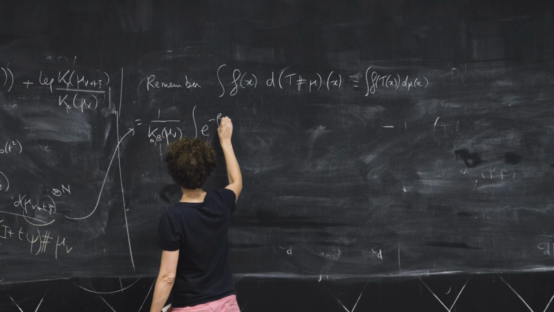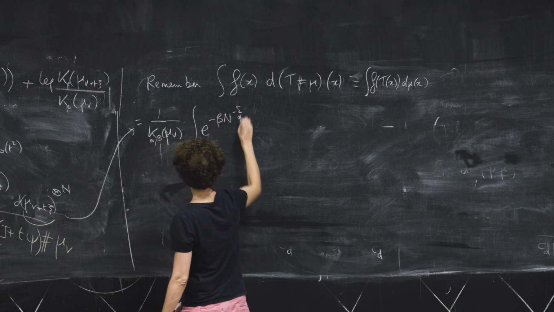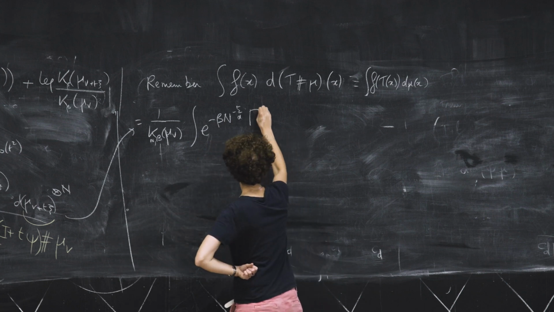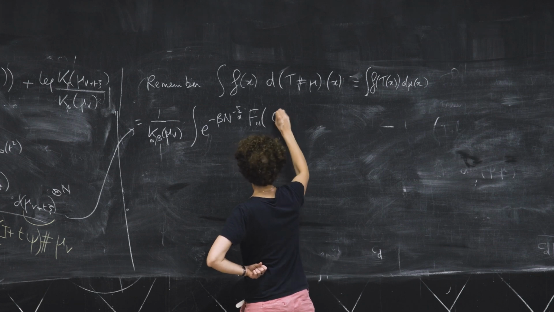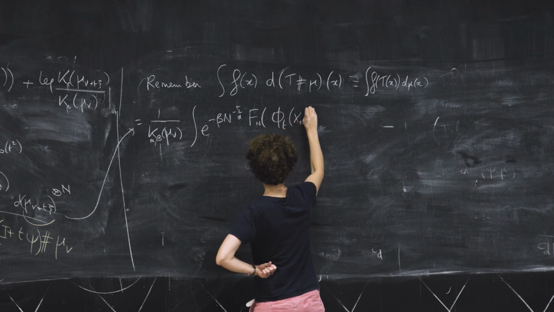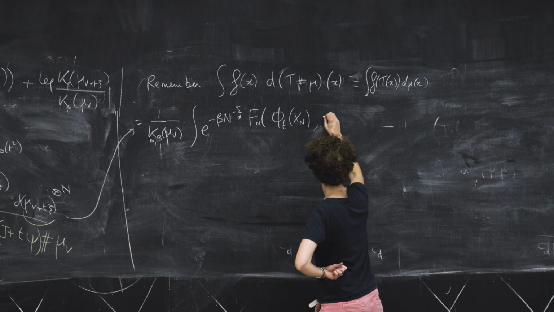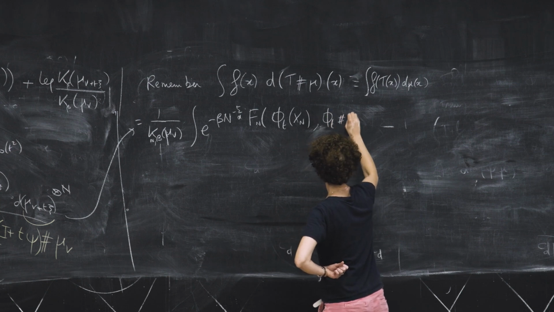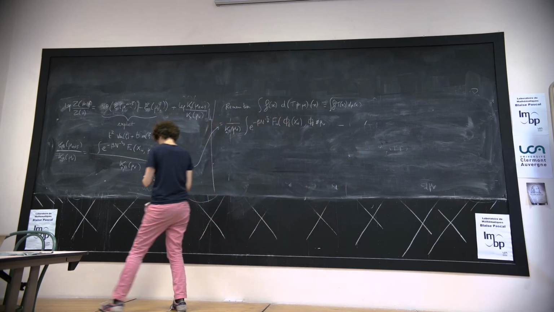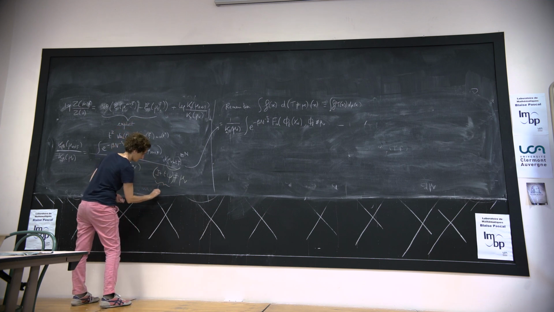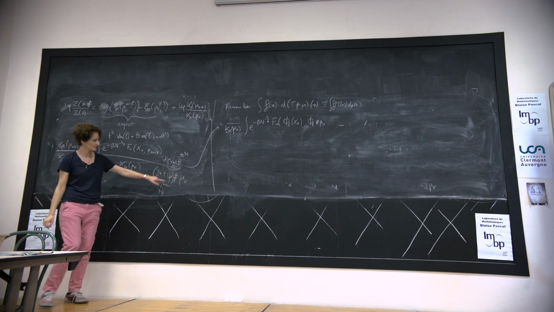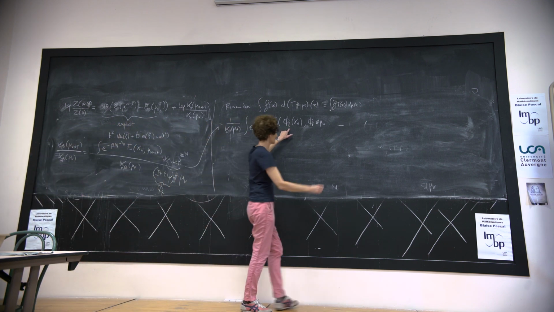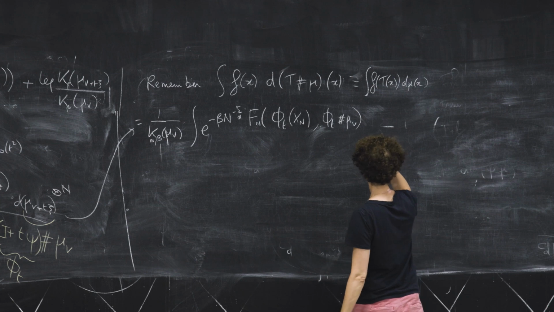And now I'm going to get e to the minus beta n minus s over d, and I'm going to put fn of phi t of xn, phi t push forward mu v. And what did I call phi t? I call phi t this thing, identity plus t psi. So this is phi t push forward mu v. It's a perturbation of identity. And now d mu v.